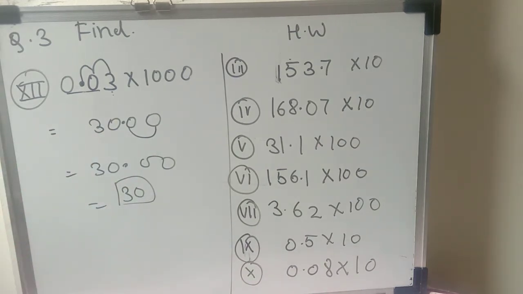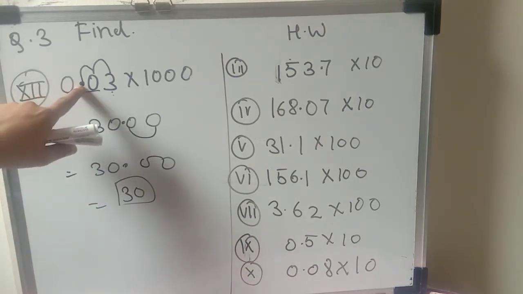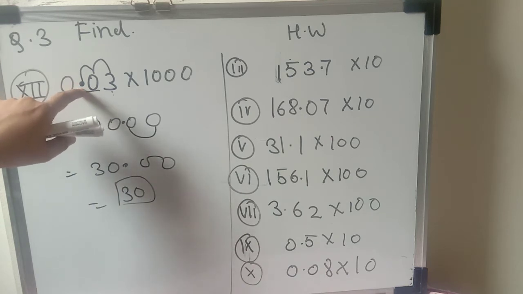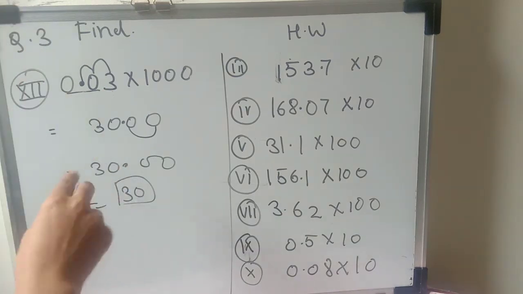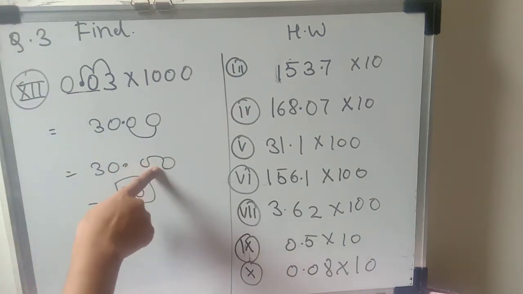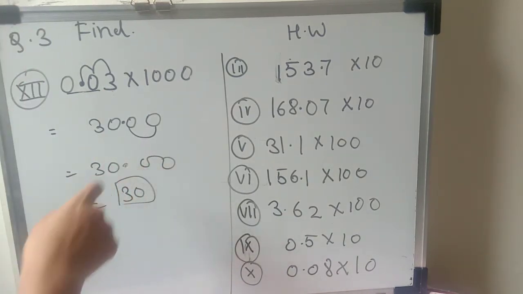Now how to put the decimal point? In the example you have to see after the decimal how many places are there, 2 places are there, so you have to count in the answer from the right side 1 and 2 and then put the decimal.